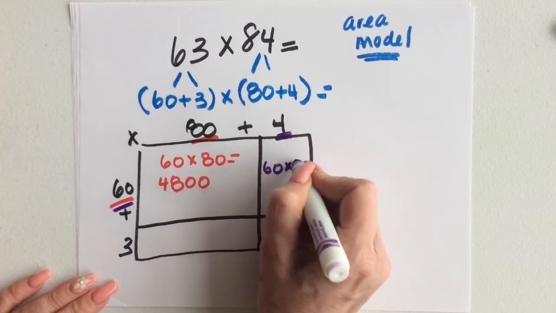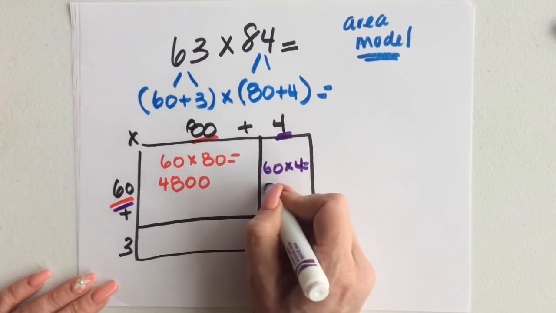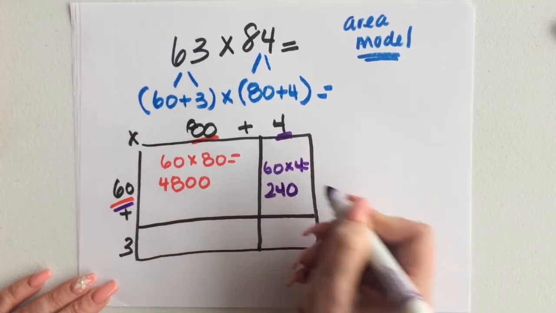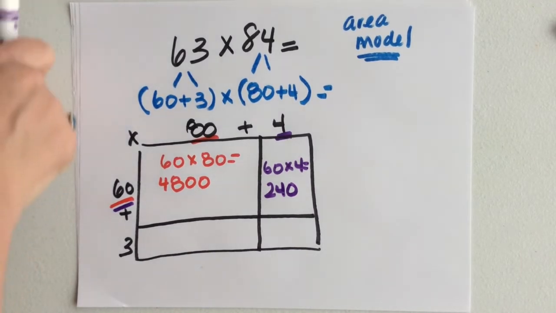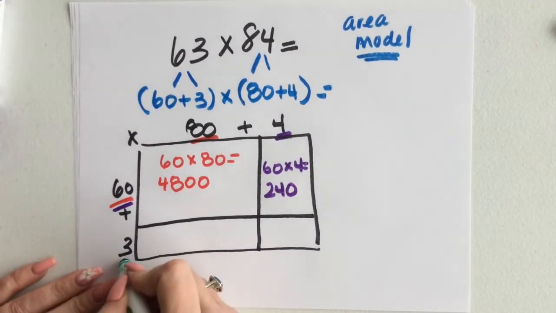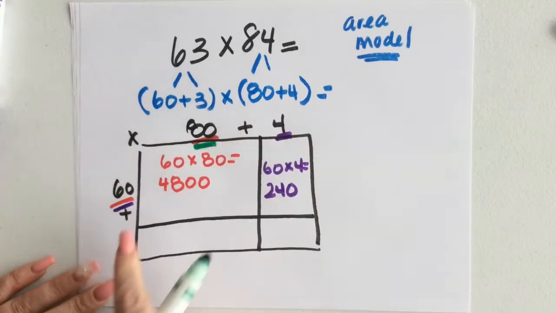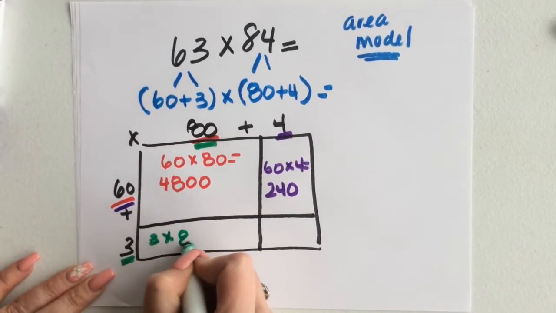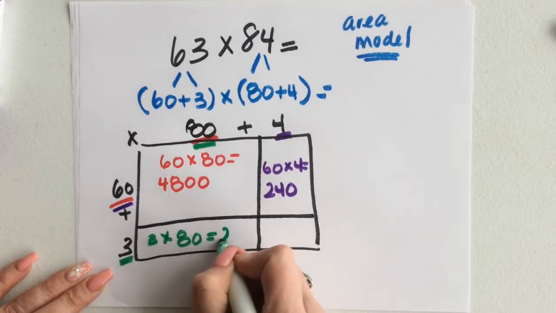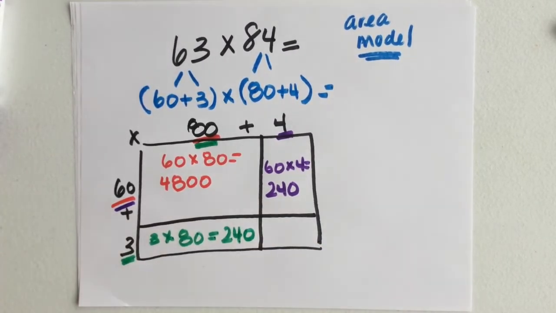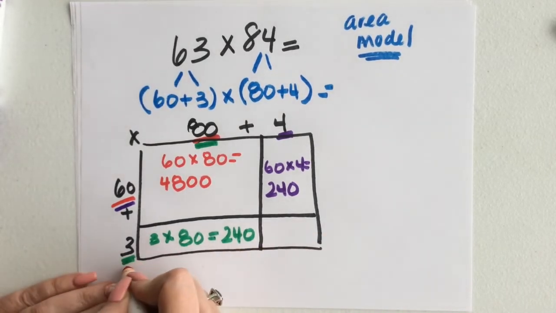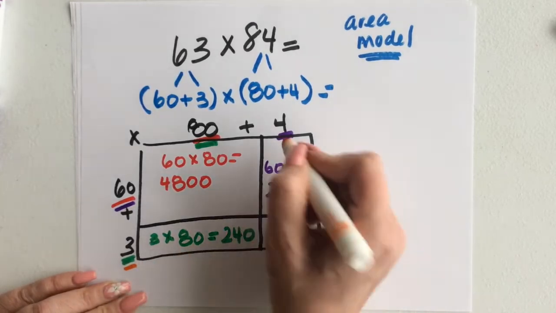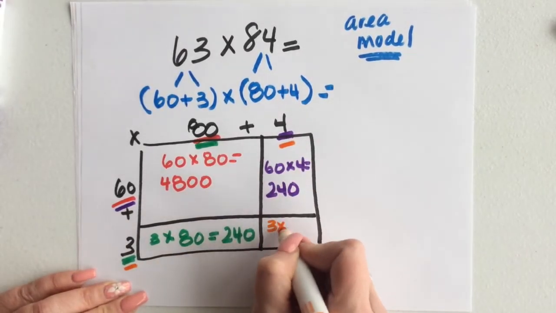So 60 times 4, 6 times 4 is 24, and 10 times more. I have 3 times 80, follow my fingers. 3 times 80, 3 times 8 is 24, and 10 more. And our last little chunk here, we have 3 times, what do you think? Absolutely, 3 times 4.